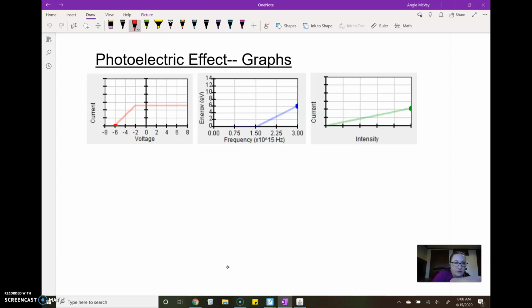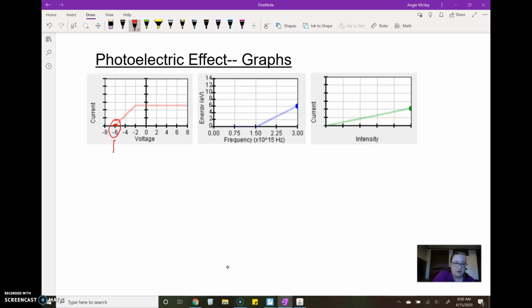So if you take a look right here at -6 volts on the battery, at any higher negative voltage, so anything a voltage larger than 6 in the negative, you don't get any more current. And you can also see that the current increases up to a certain point and then it just levels off.